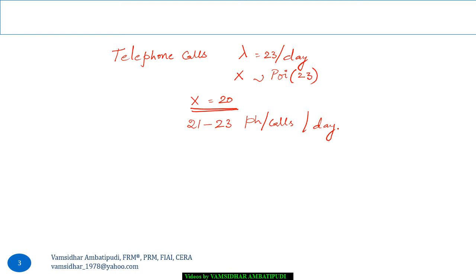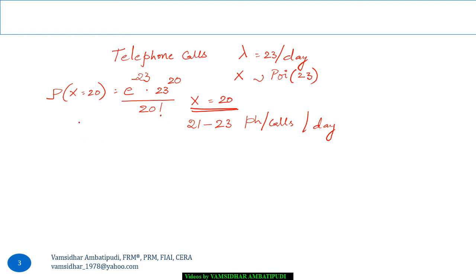This is how I can use the Poisson distribution. If I want the probability of getting 20 phone calls per day, we can directly use our formula e to the power of minus lambda, lambda power x divided by x factorial.